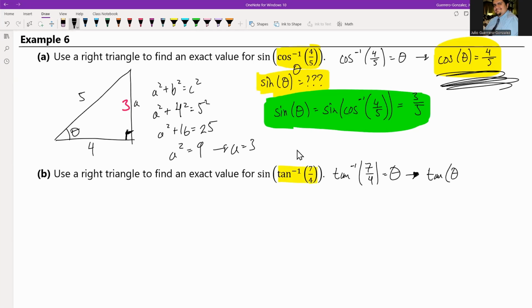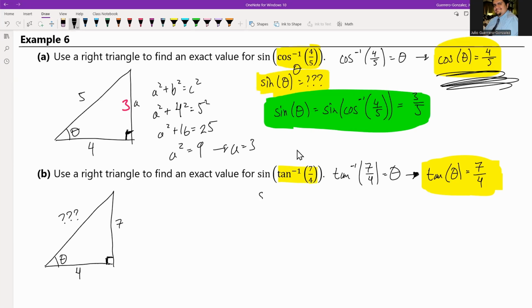Tangent of an angle theta has to be equal to 7 over 4. I make my right triangle. Okay, tangent, according to SOHCAHTOA, is opposite over adjacent. So that's theta. Opposite is 7. Adjacent is 4.